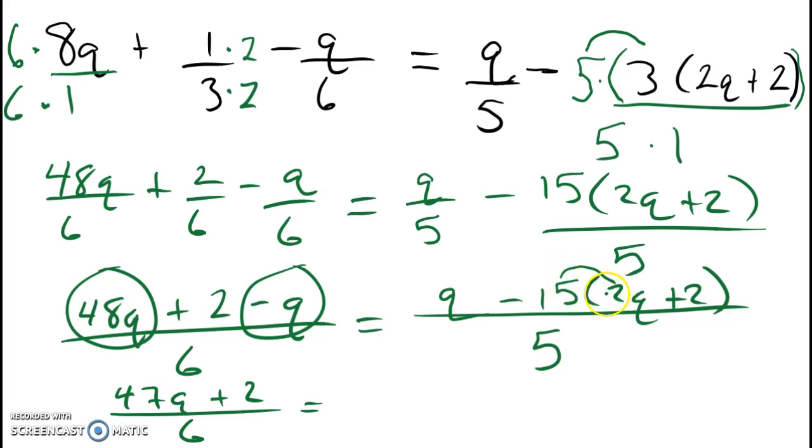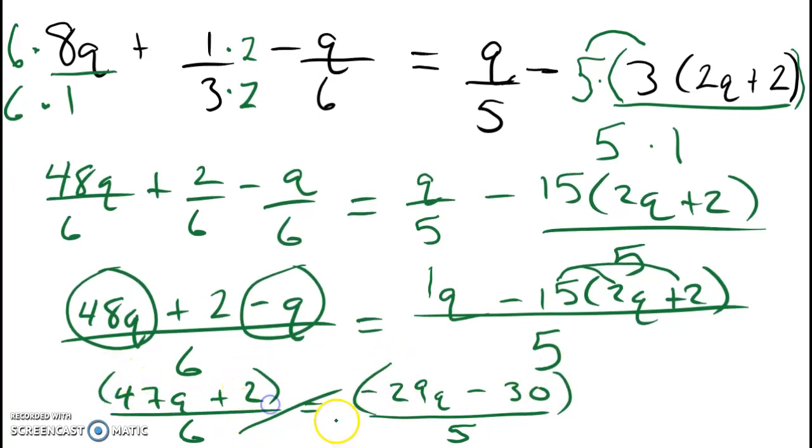Negative 15 times 2q is negative 30q. Negative 30q plus 1q is negative 29q. And I'm going to distribute this negative 15 against the 2 here, and I'm going to get minus 30. And I'm going to write all that over 5. And maybe at this point you see where I'm going with this problem. This is a pretty difficult problem, but I'm going to cross multiply.